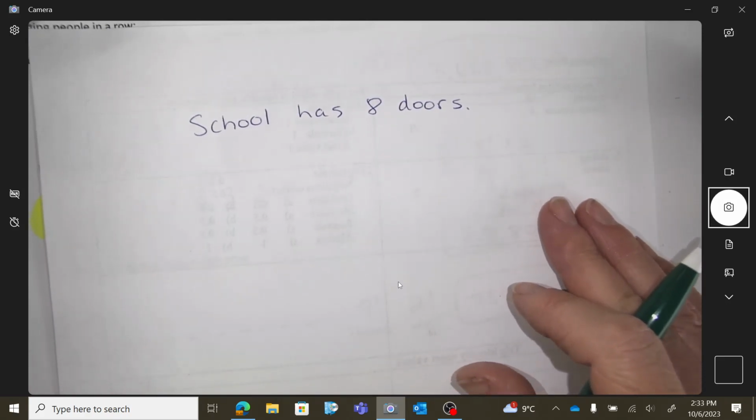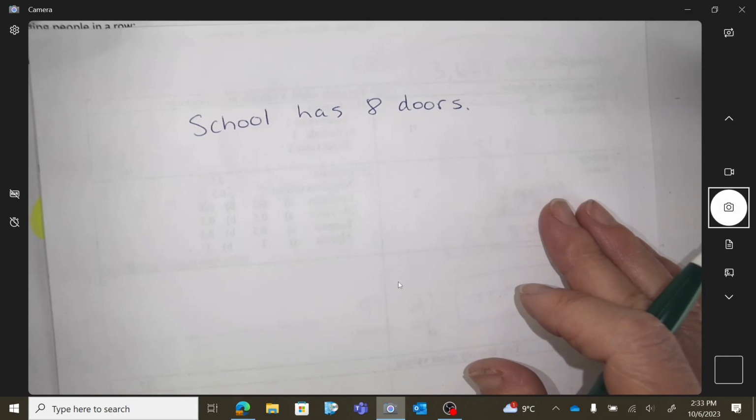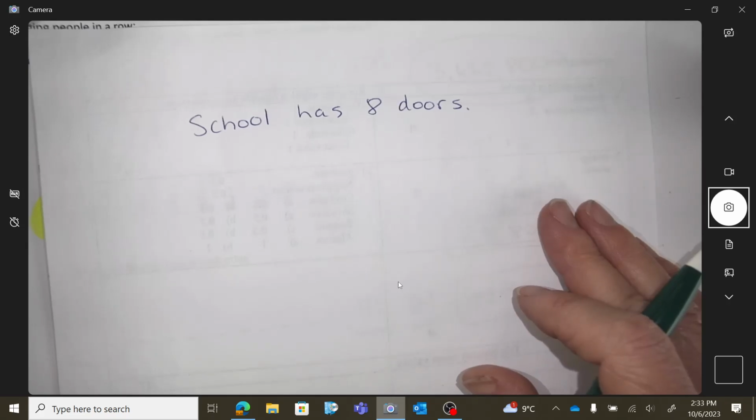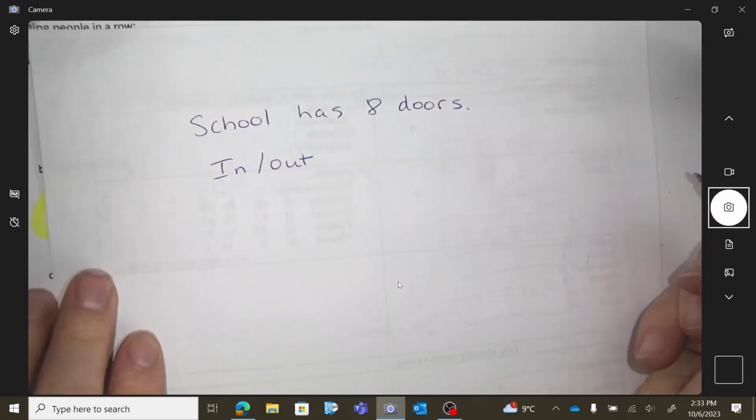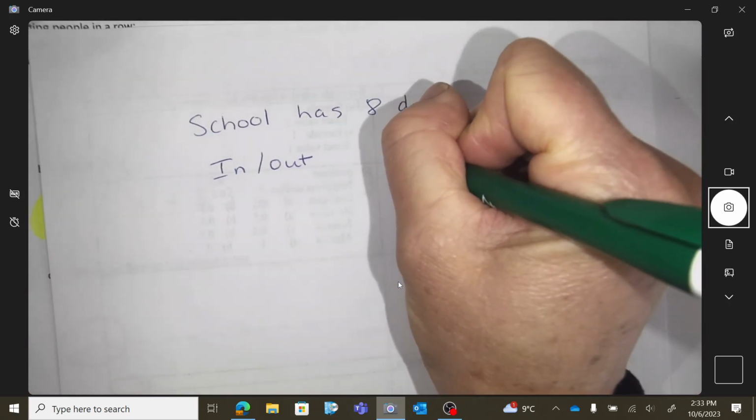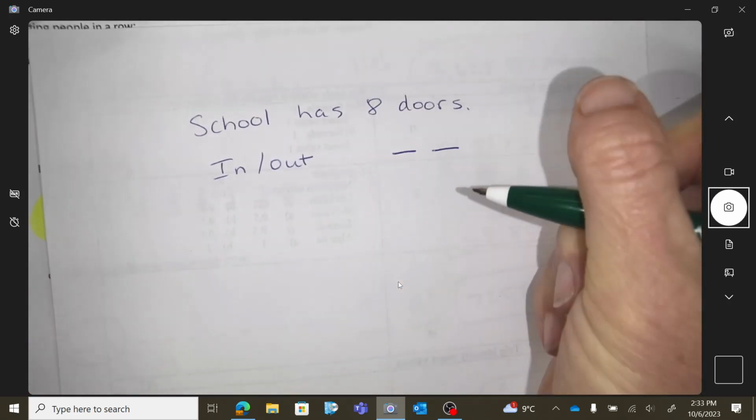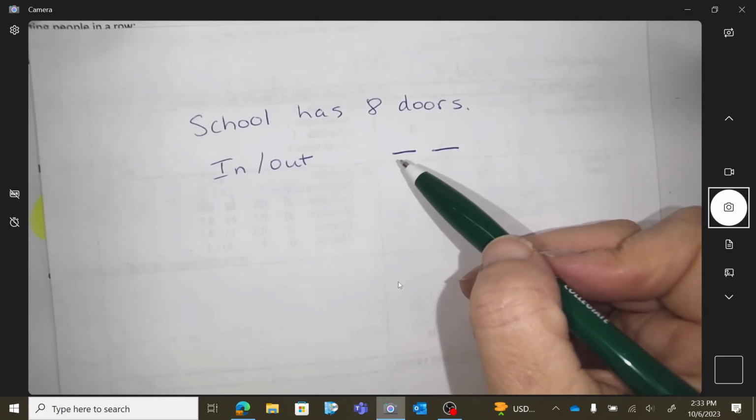A school has 8 doors on it. How many ways could you go in and out? Okay, so I'm going to draw a blank and a blank. So I'm going to think like this.